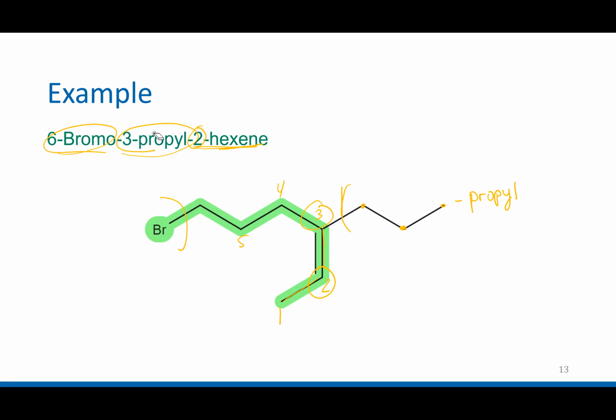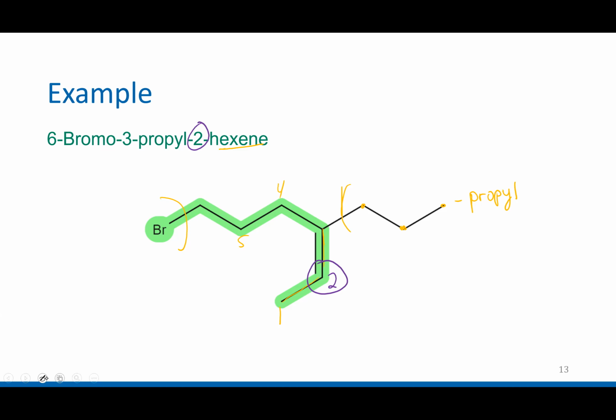So actually, what I could probably do here is color this up for you. Again, breaking this name down, on the second carbon, oh man, this pen. That's why I put the 2 here.